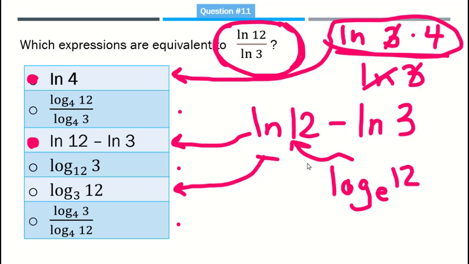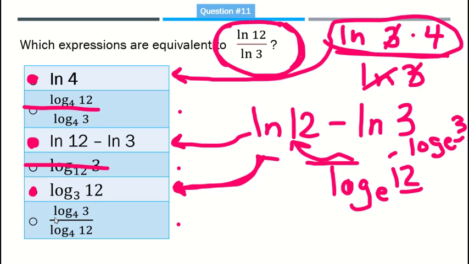All a natural log is, is a logarithmic expression, so this is another way to write it. Minus log base e of 3. And then when we evaluate these, we can find this can be written as this. Now, these are the 3 that are equivalent. The other 3 I just kind of made up mixed numbers in there, and it doesn't make any sense at all. So I'm going to take those out. Those are the only 3 that are equivalent.